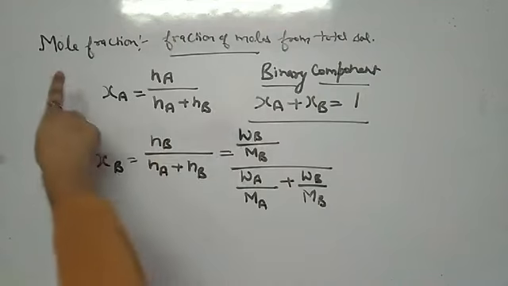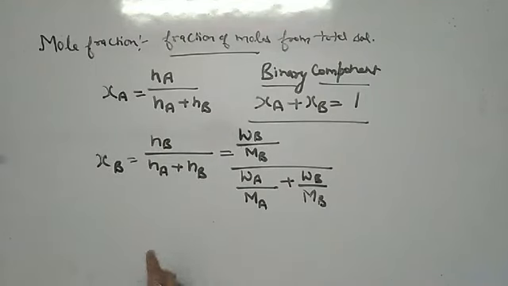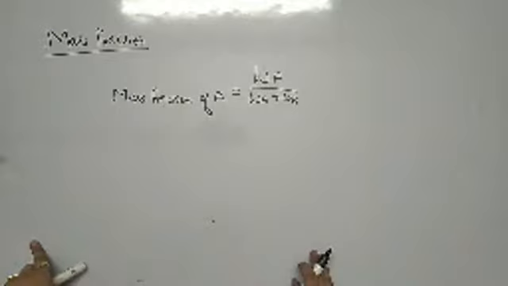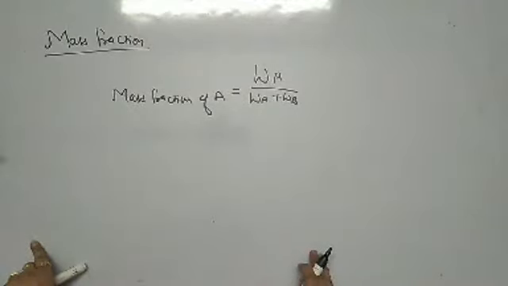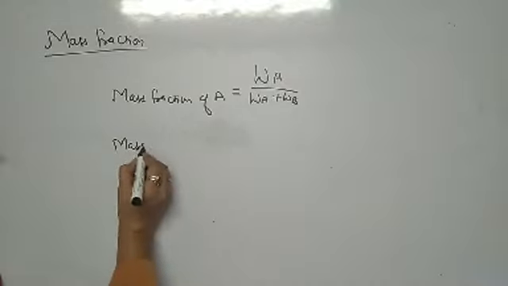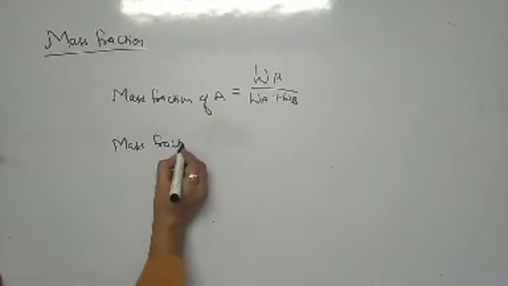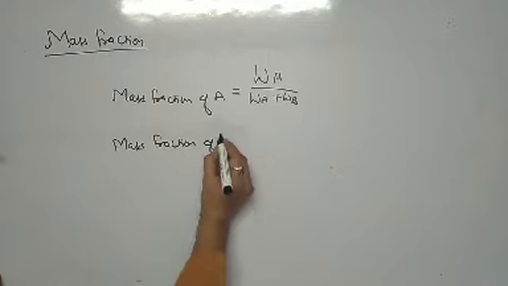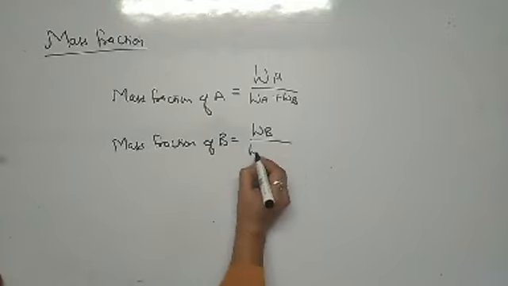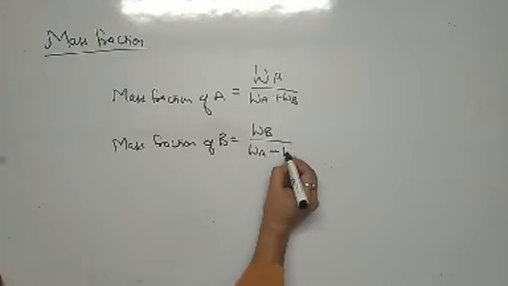And if you want to find out the mole fraction, that time the number of moles is equal to the... is it clear? And mass fraction of B, mass fraction of B is equal to mass of B upon mass of A plus mass of B.